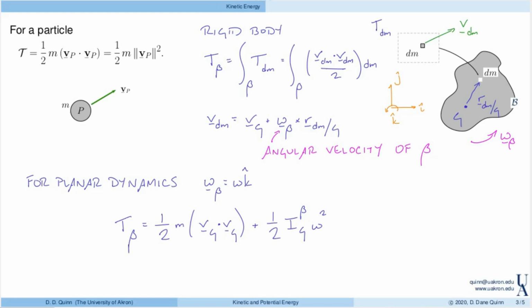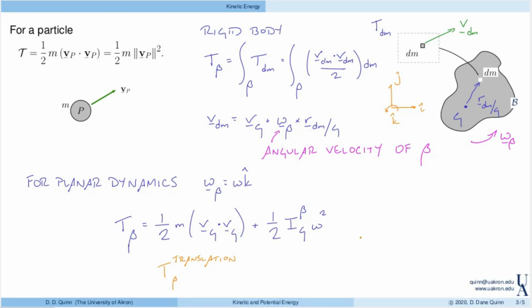And so what we see is that this piece is the kinetic energy of the body due to translation. So if this object was simply translating along with no rotation, then all we would have is this term.